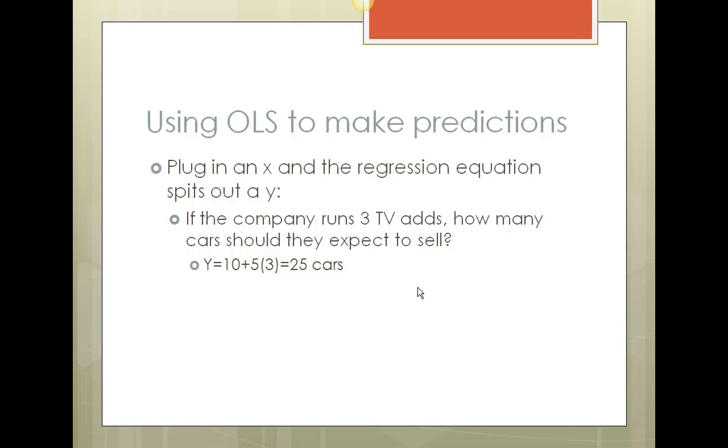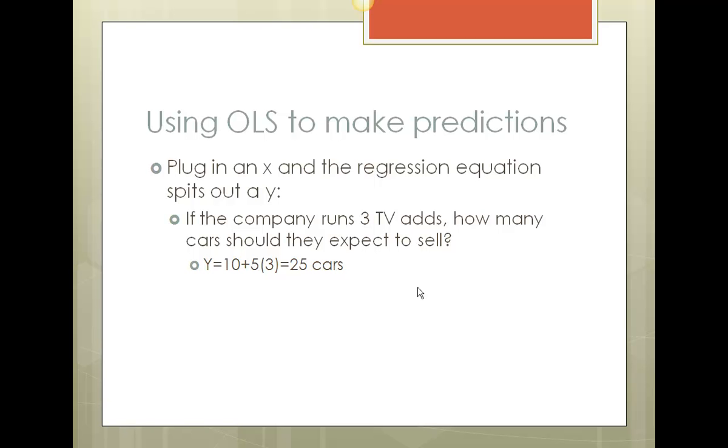So if the company ran 3 TV ads, how many cars would you expect them to sell? Plug in x equals 3 into your equation and you would expect 25 cars. Now obviously this works best when your x is within your data set that's actually observed. If I were to stick in like 504 ads in here, well, if my data only had observations between 1 and 3 ads, then the value that it spits out is pretty much going to be meaningless.